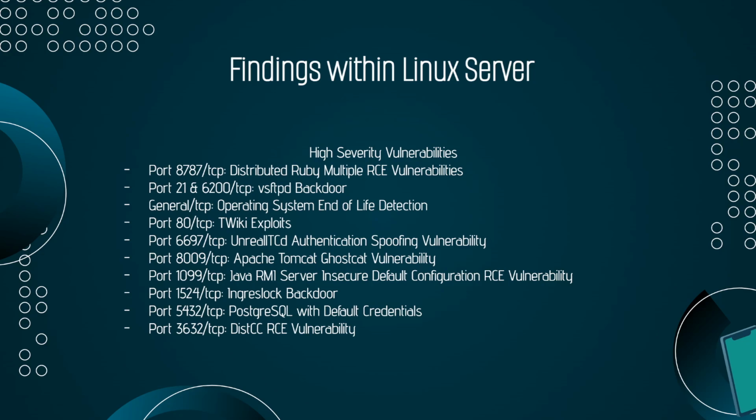PostgreSQL on port 5432 was left with default credentials, and Apache Tomcat on port 8009 was vulnerable to the GhostCat flaw, and this allowed for unauthorized file access and potential remote code execution. Lastly, we have UnrealIRCd on port 6697. This was found to be vulnerable to authentication spoofing, as well as the Java RMI service on port 1099. This allowed for insecure remote access.